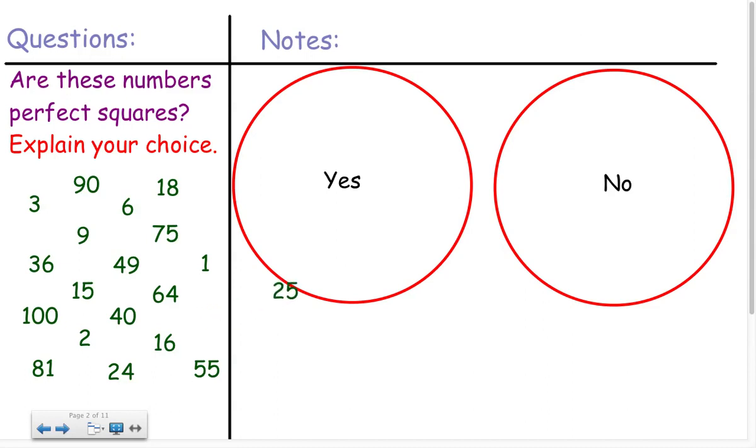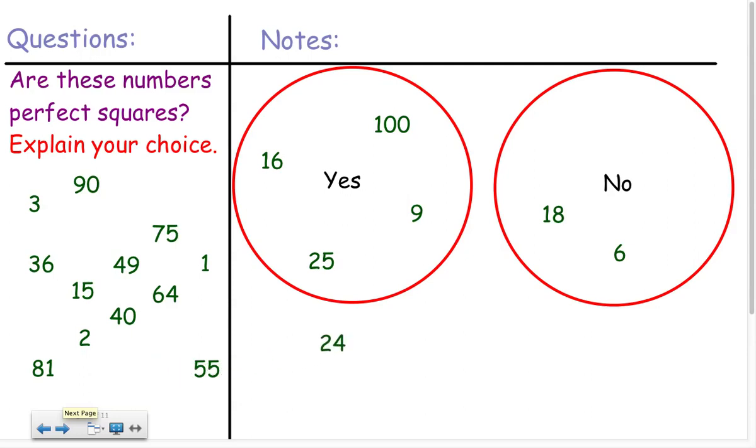So 25 is yes, because 5 times 5 is 25. 16 is yes, because 4 times 4 makes 16. 18 is no, because there aren't 2 of the same number that you can multiply to get 18. 9 is yes, because 3 times 3 is 9. 100 is yes, because 10 times 10 is 100. 6 is no, there isn't 2 of the same number that you can multiply to get 6. 24 is no, there isn't 2 of the same number you can multiply to get 24.